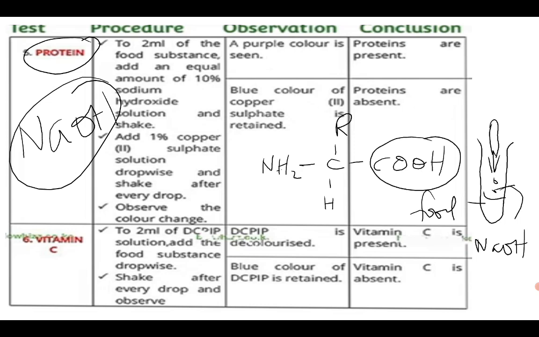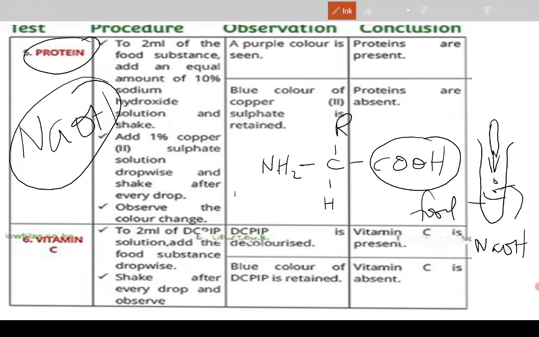Remember that sodium hydroxide and copper sulfate make what is called a biuret solution. This is called a biuret solution or biuret test. Okay, it's a combination of 10% sodium hydroxide and 1% copper sulfate. Okay, so having done that, then you look for the following.